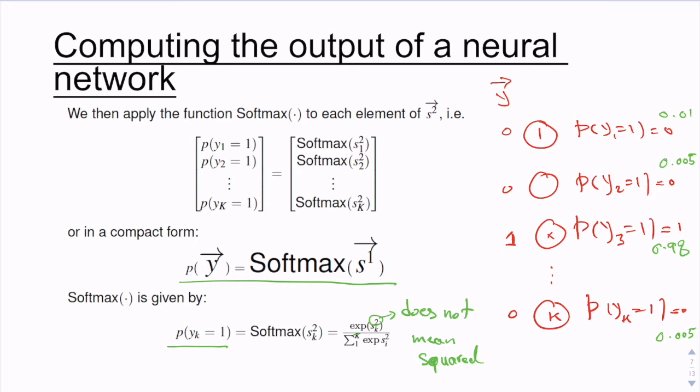Today the three most popular neural networks are feed-forward, convolutional, and recurrent neural networks, and their extensions like LSTM or GRU, or bidirectional recurrent neural networks.